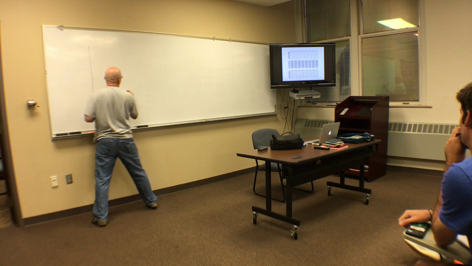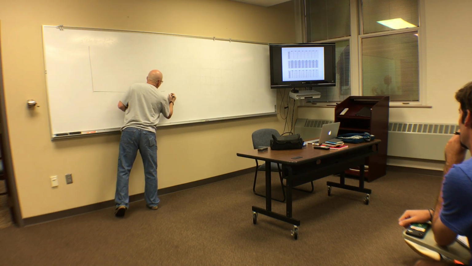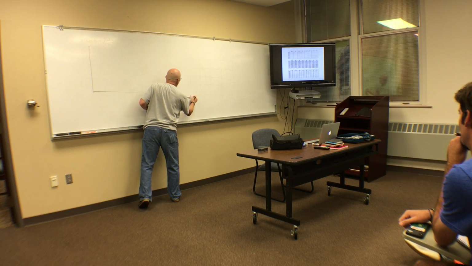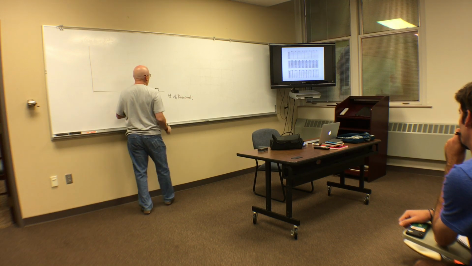So if we make a distribution and we plot number of dominant alleles, 6, there's 1 individual.